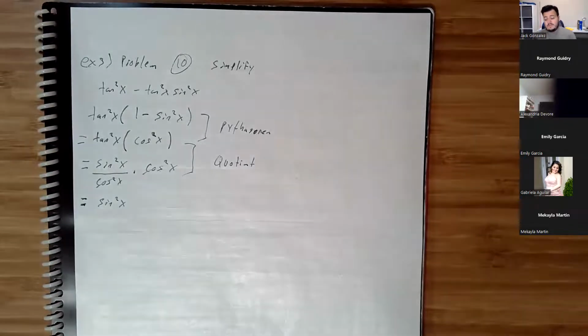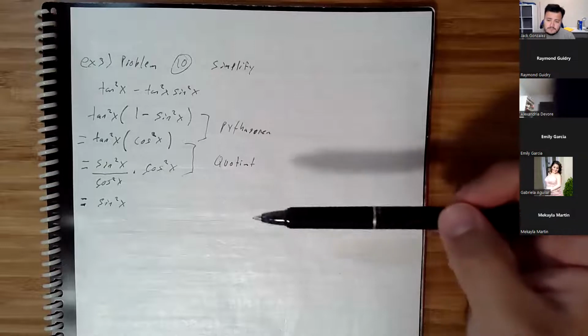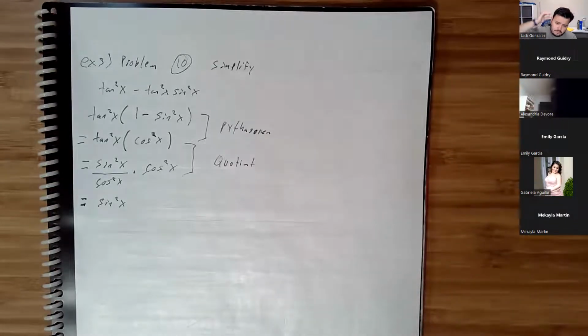So at this point, it's as simple as we can make it. Doing anything else would make it more complicated, so it wouldn't be simplified. Are there any questions on any of these steps? Does that make sense? You see what I'm saying?